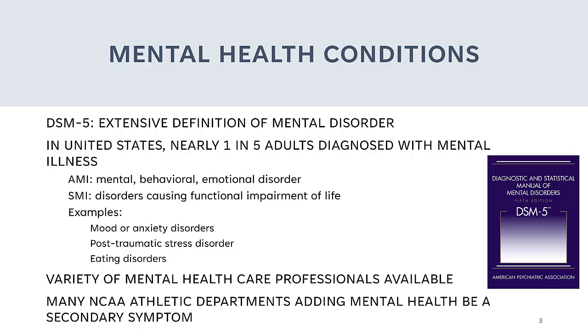SMIs are mental, behavioral, or emotional disorders that result in serious functional impairments that substantially interfere with or limit one or more major life activities. Some examples might be mood or anxiety disorders, post-traumatic stress disorder, or eating disorders.